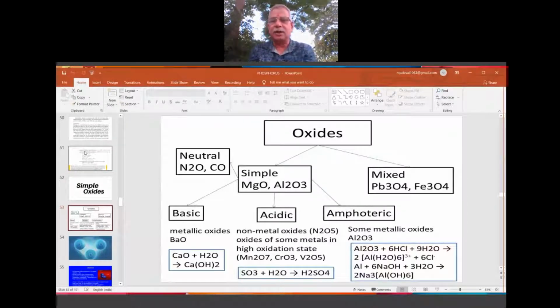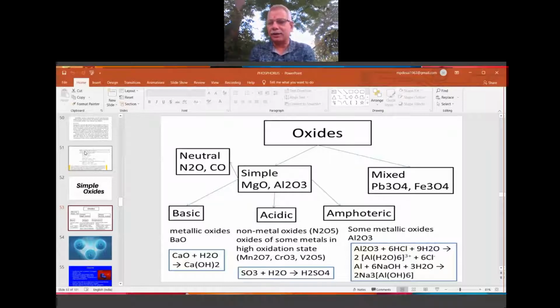So this chart will give us an idea of how oxides are classified. Oxides are classified as simple or mixed. Simple means what? Normal. Whereas mixed means what? Fe3O4 is taken as FeO plus Fe2O3. This is called ferroso-ferric oxide. We have heard of ferrous oxide, we have heard of ferric oxide.